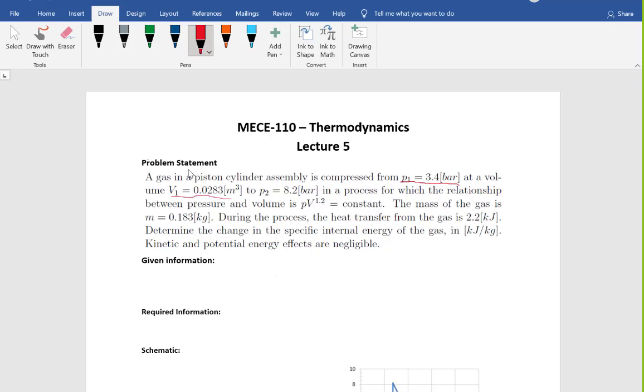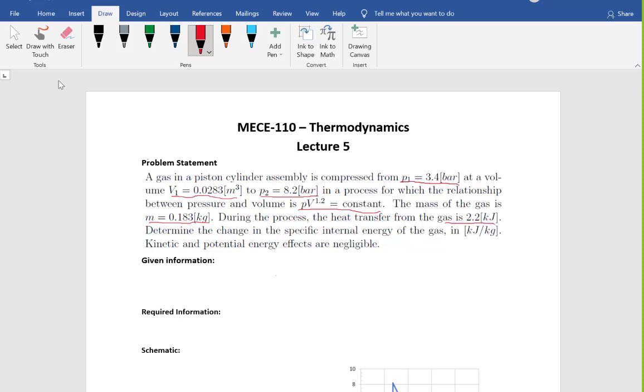That's given. We have another pressure. And we know that the pressure volume relationship is PV to the 1.2 is constant, so this is a polytropic process. We're told the mass of the gas, and we're told the heat transfer.